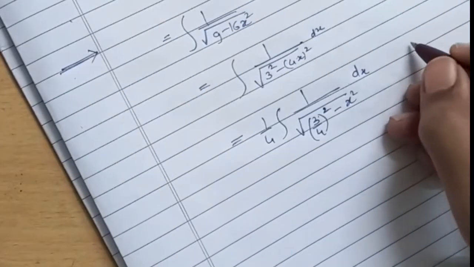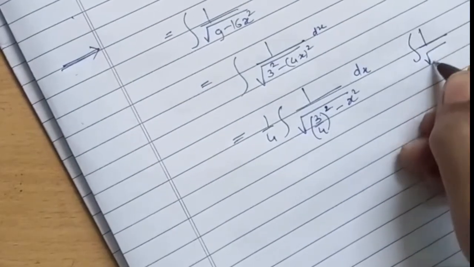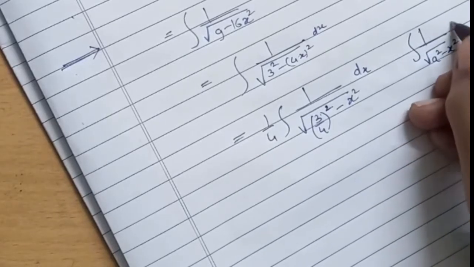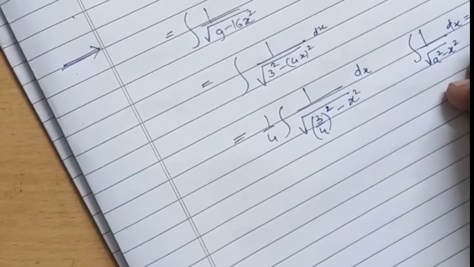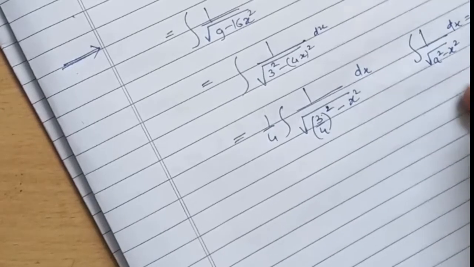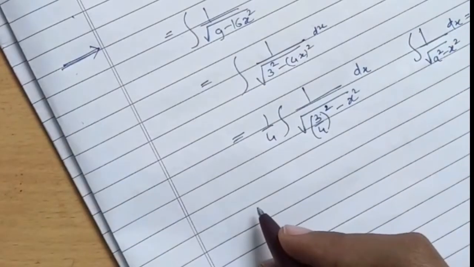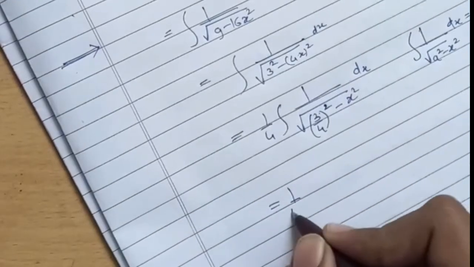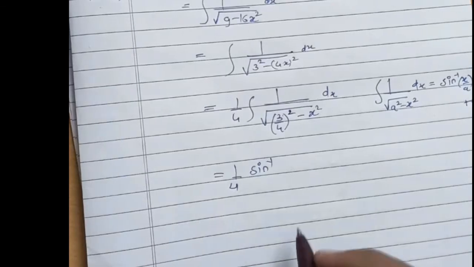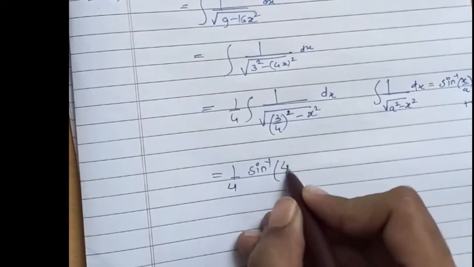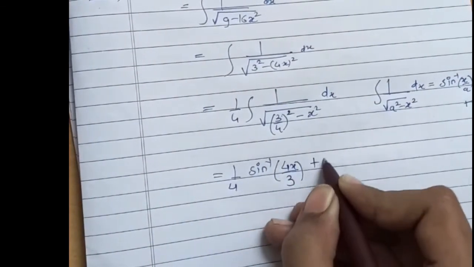Now it is in the form of 1 upon root of a square minus x square dx, which is nothing but sine inverse of x by a plus c. So we get 1 by 4 sine inverse of 4x by 3 plus c.